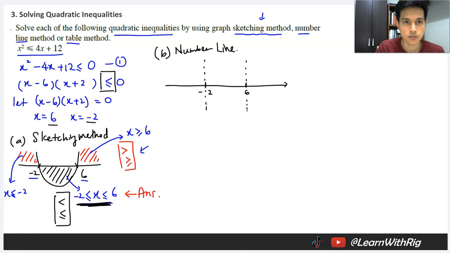The first thing you're going to do is find the possible values for each of these ranges. So you know that this part is going to be x less than or equal to -2. Here is going to be x more than or equal to 6. Here is going to be between -2 and 6.